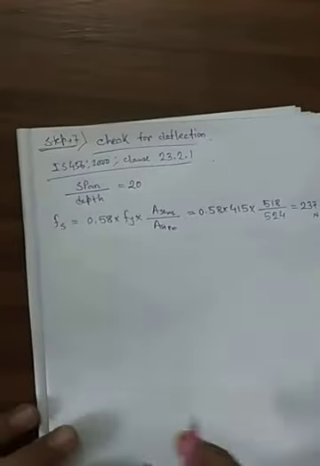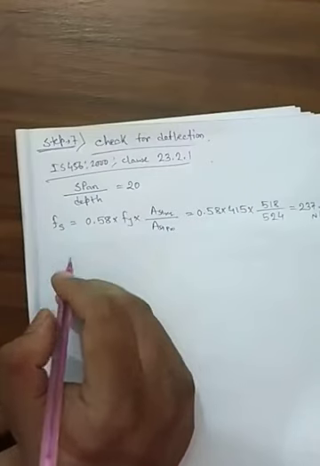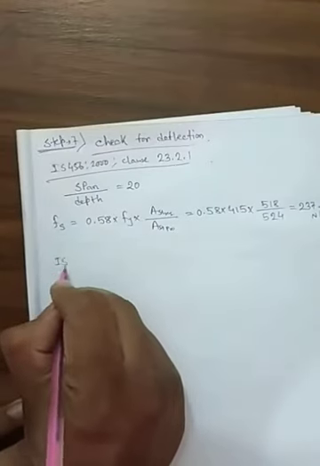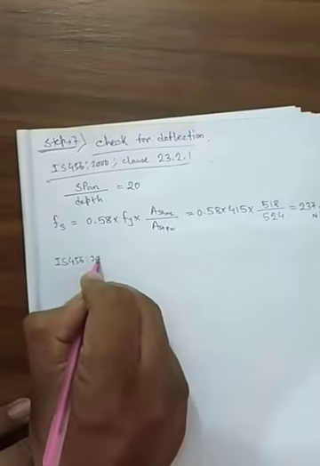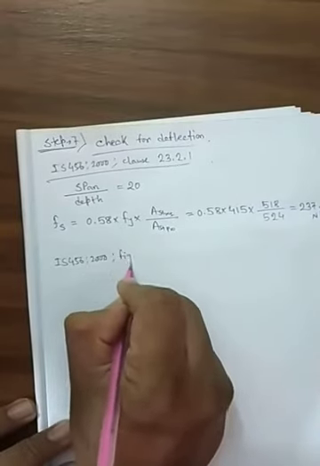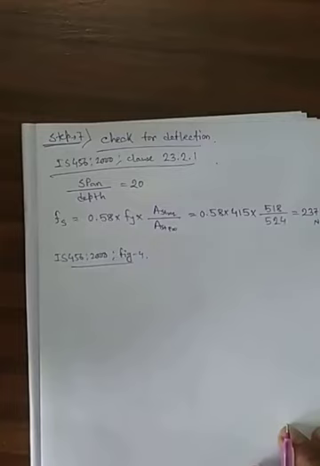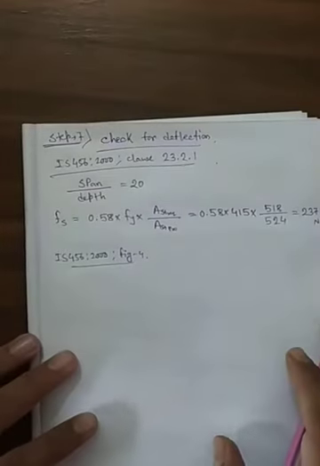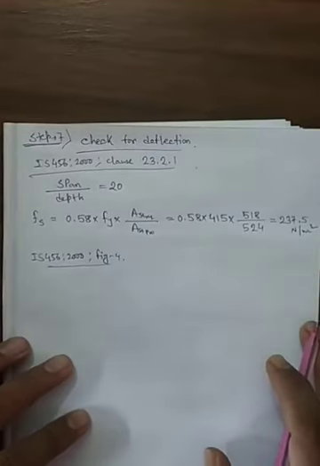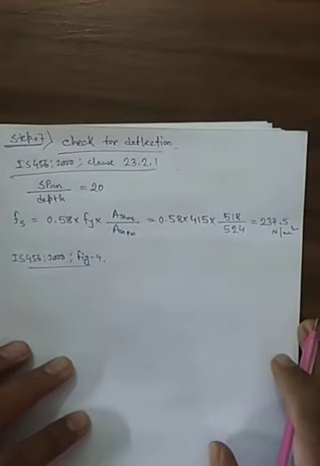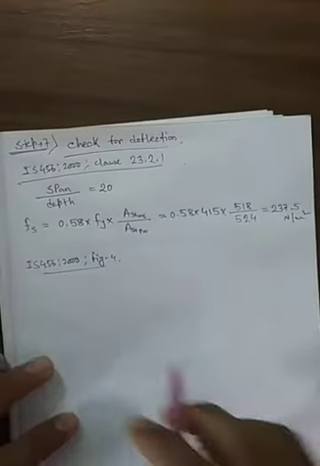Now from IS 456 2000 figure 4, there is a chart. From this chart you can calculate your modification factor value. To find out the modification factor value, we should know our Fs value and percentage PT value. That's why I have calculated our Fs value, and previously we calculated our percentage of PT value.